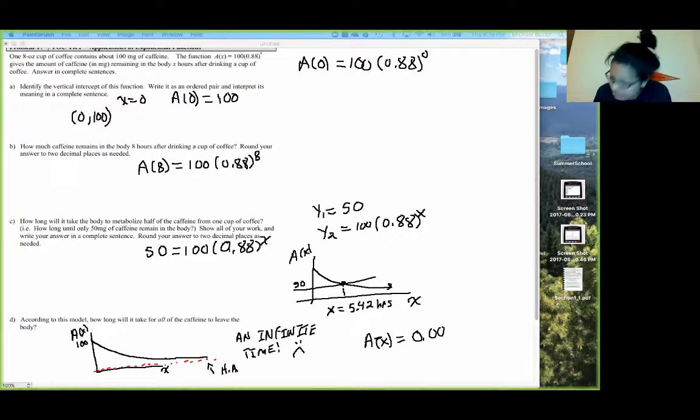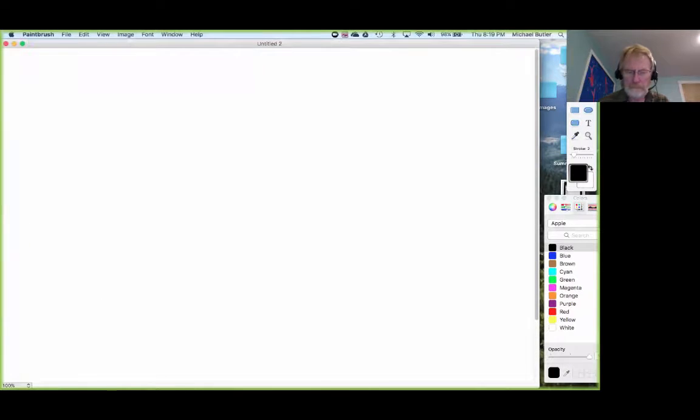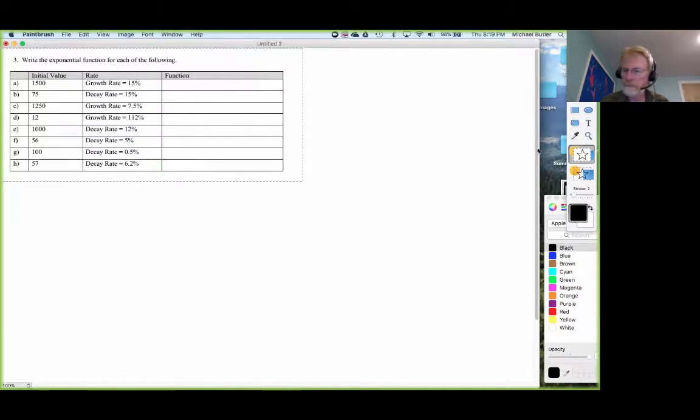I was down to the self-assessment. So 6.1. Problem number 3, is that the one we're doing? Yeah. Okay. So write the expression function for each of the following. Yes. Okay, cool.